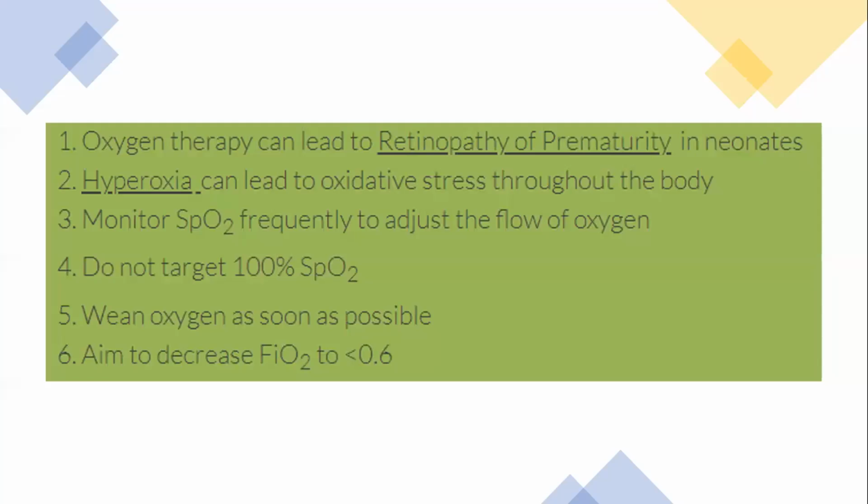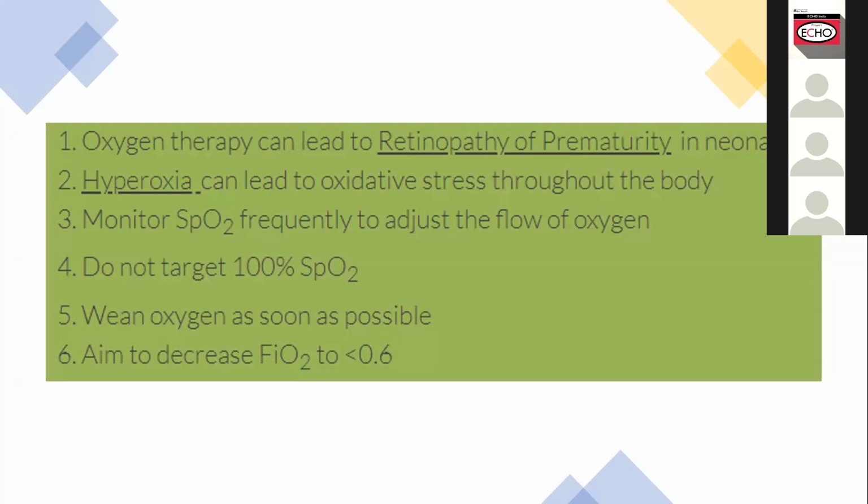Oxygen therapy can lead to retinopathy of prematurity in a neonate. If you work in neonatology, you know this one: with these neonates, the first toxicity is retinopathy. Hyperoxia can also lead to oxidative stress throughout the body.